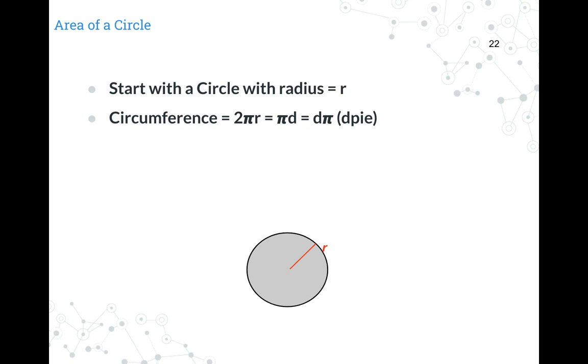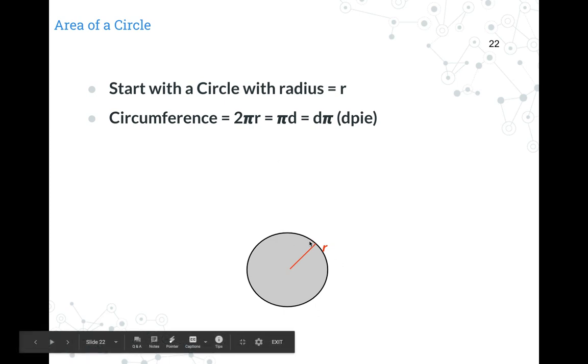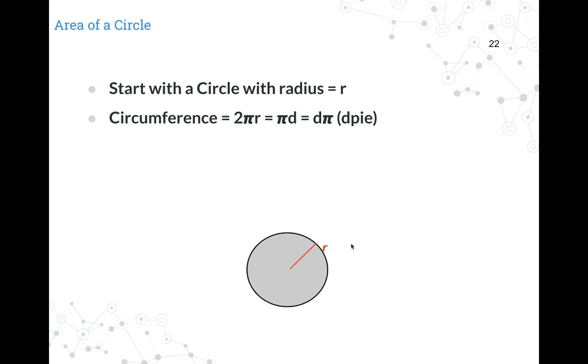No matter how big or how small, the ratio of how long it is to go around the circle versus straight through it is exactly pi for any circle. And that is really, really cool. Okay, enough of circumference. Let's move on to area.